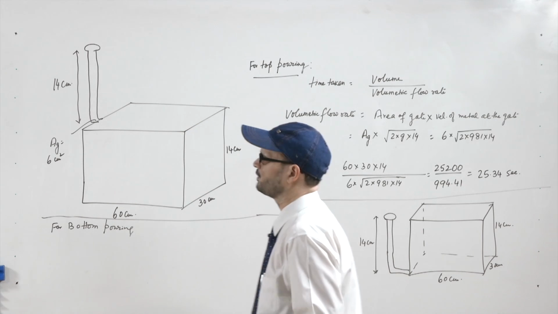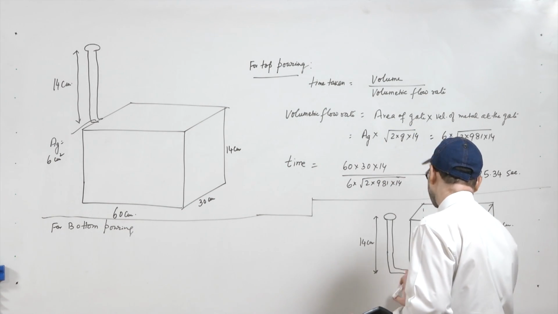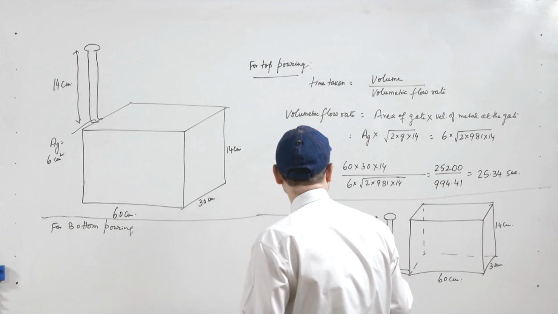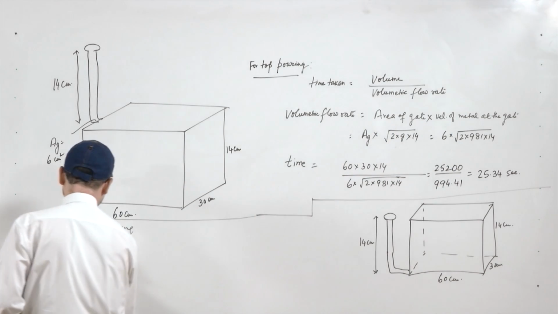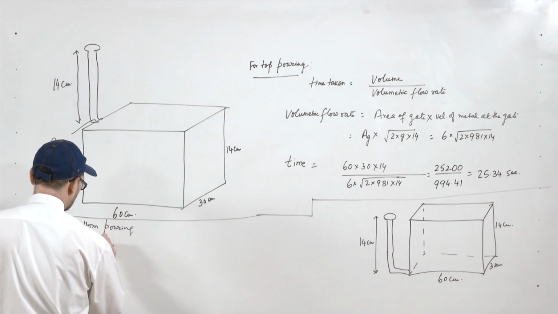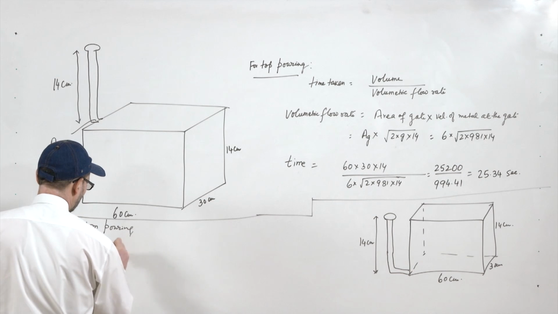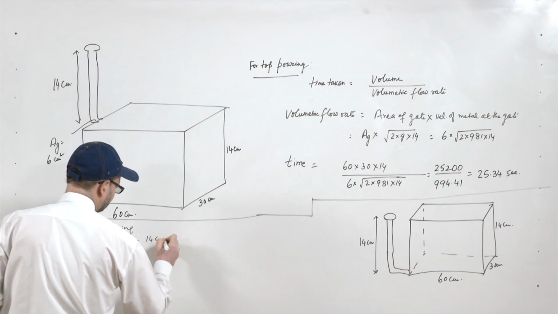Now, we will calculate for bottom pouring when the liquid metal is supplied at this point. Now, for the bottom pouring, as we see, in this case the total height is 14 centimeter and height of the mold is 14 centimeter.